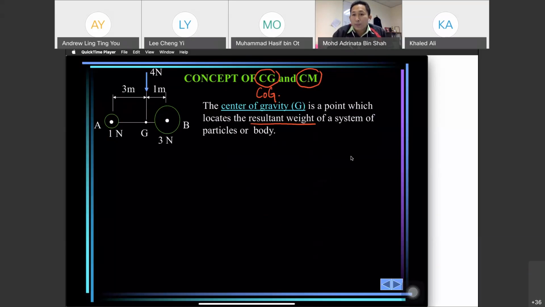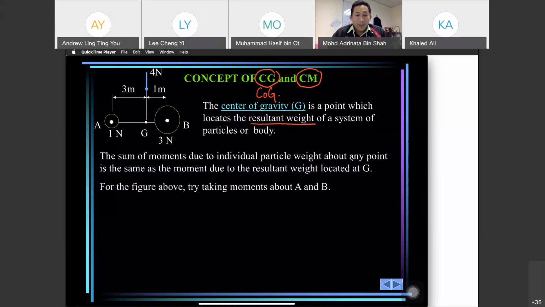So resultant weight, we have weight, we have mass. The sum of moments due to individual particle weight about any point is the same as the moment due to the resultant weight located at G.